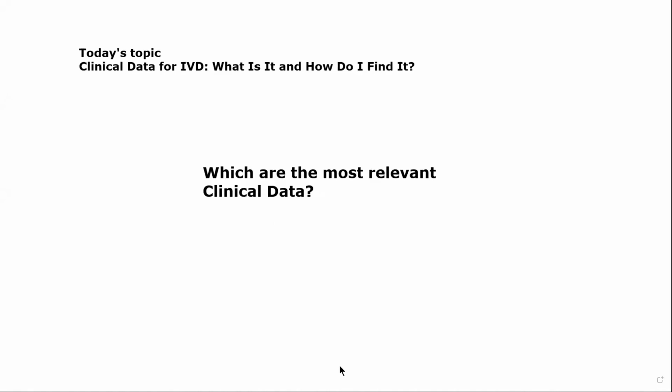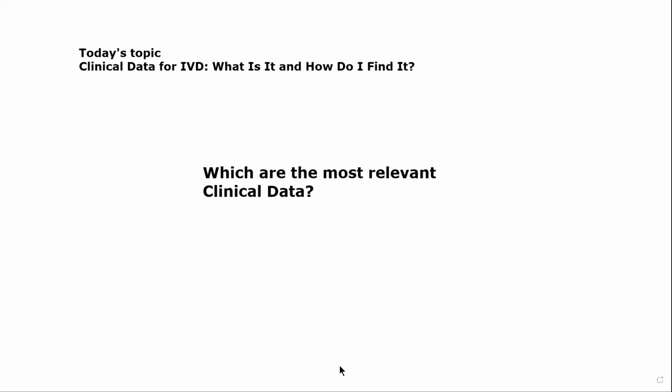We referred to this in one of our previous webinars several weeks ago, but the intended purpose statement is really going to tell you whether or not your device is being used to diagnose a clinical condition, being used to monitor treatment or response to treatment, as sort of like a biomarker for prognosis. Those are all going to potentially have different types of data or different representations of data.